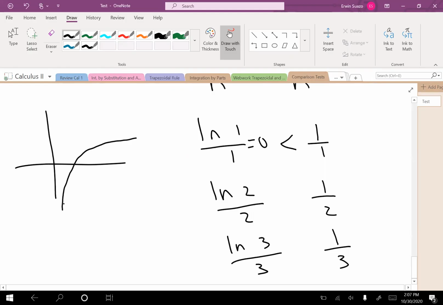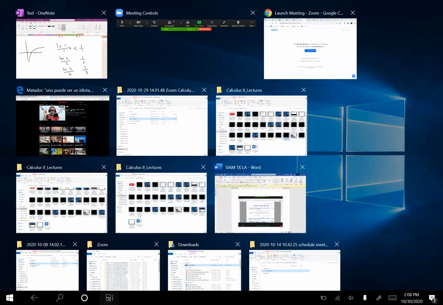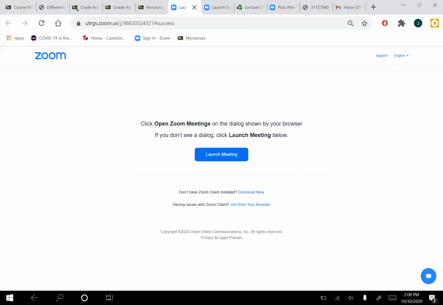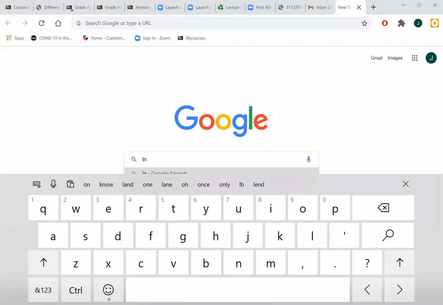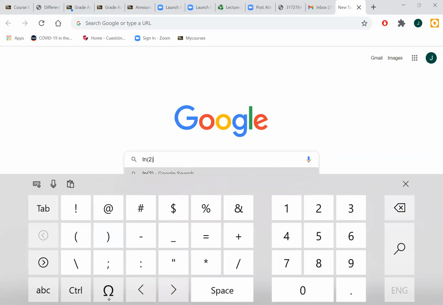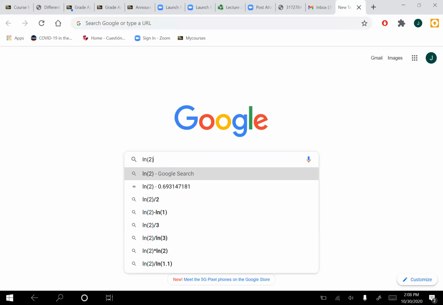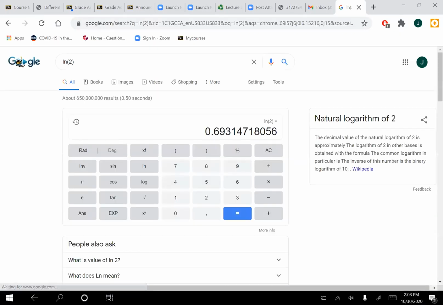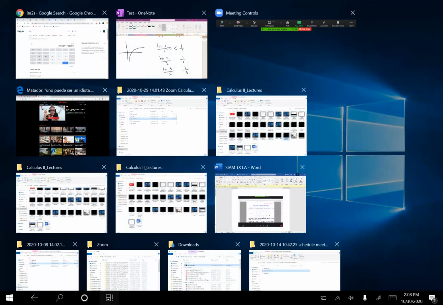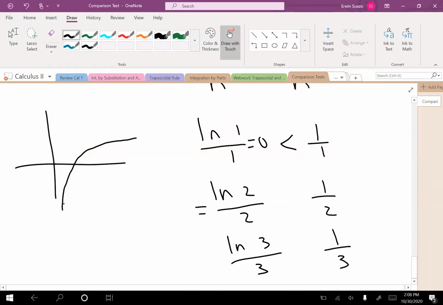What is ln of 2? Ln of 2 is 0.69. So 0.69 divided by 2 gives 0.345, and 1 over 2 is still bigger.